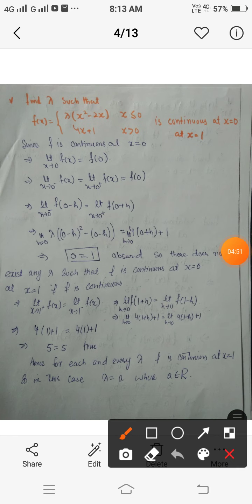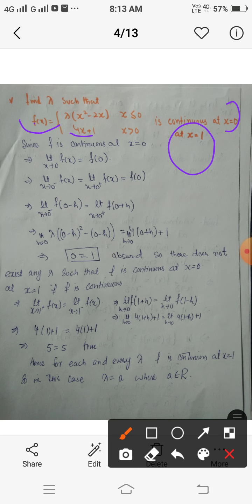We have to find the value of lambda such that the function defined by f of x is lambda into x square minus 2x when x is less than or equal to 0, and 4x plus 3 when x is greater than 0, is continuous at x equals 0 and at x equals 1.